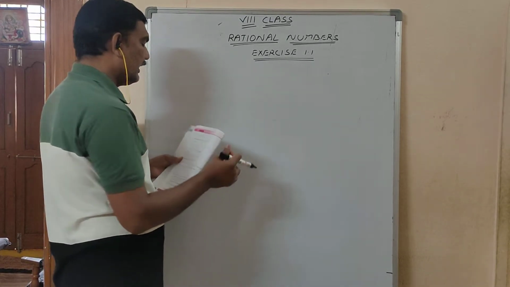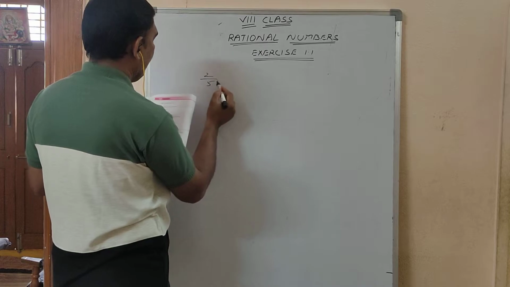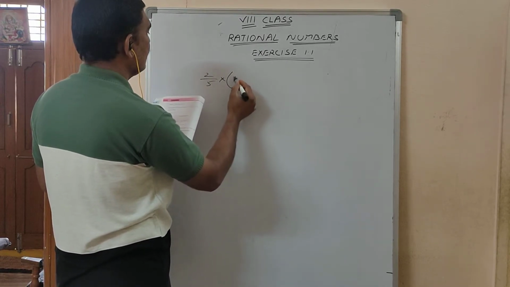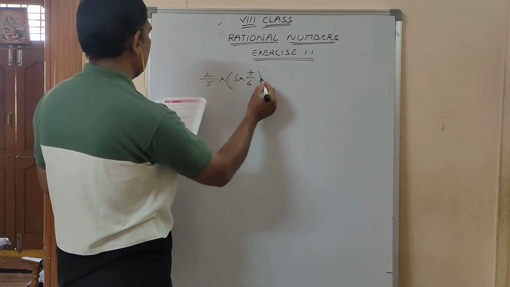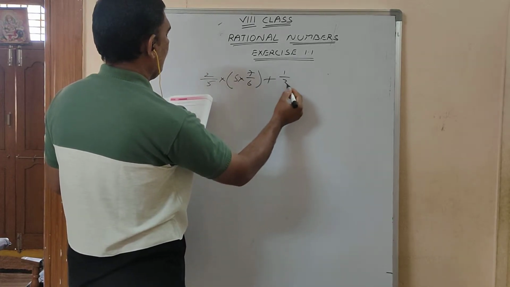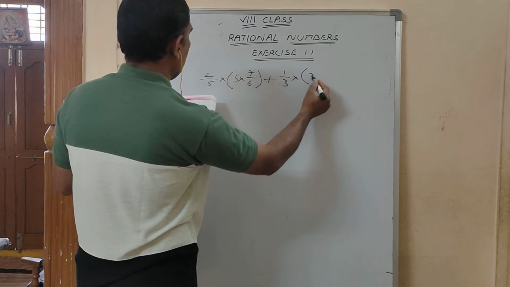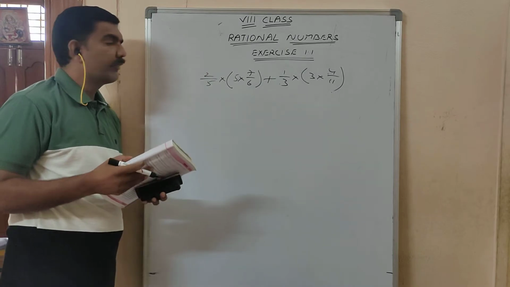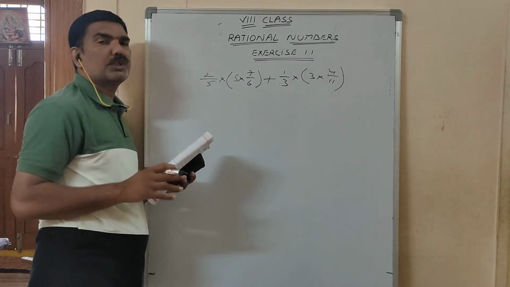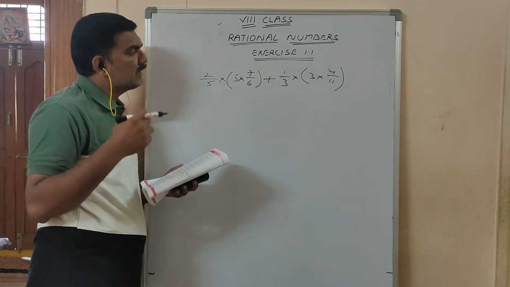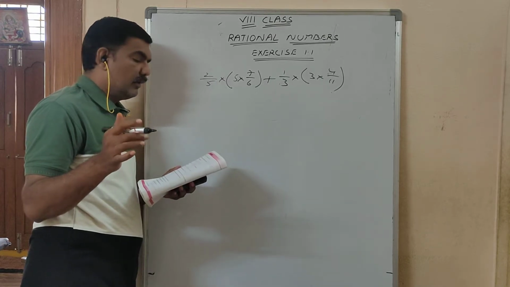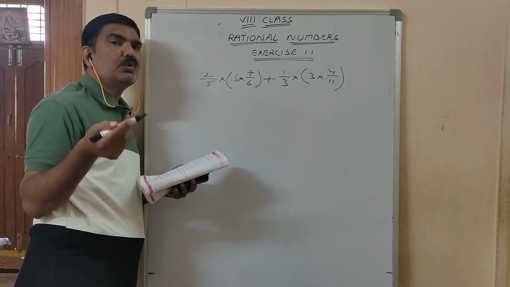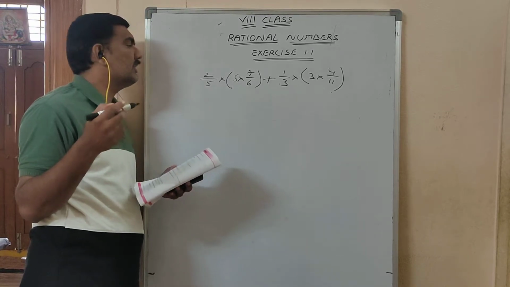Now, what he is asking is: 2 by 5 into, open the brackets, 5 into 7 by 6, plus 1 by 3 into, open the brackets, 3 into 4 by 11. They have given this one question for us, and he is asking to simplify. But while simplifying, what properties did you use? He is asking about the same thing.